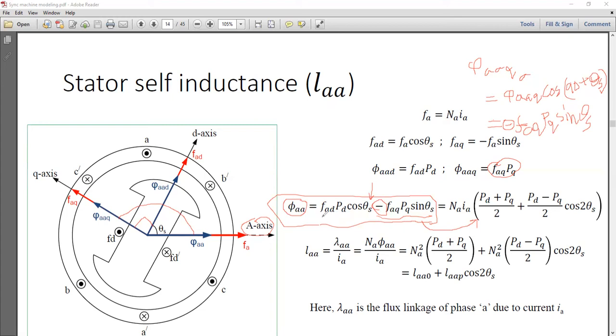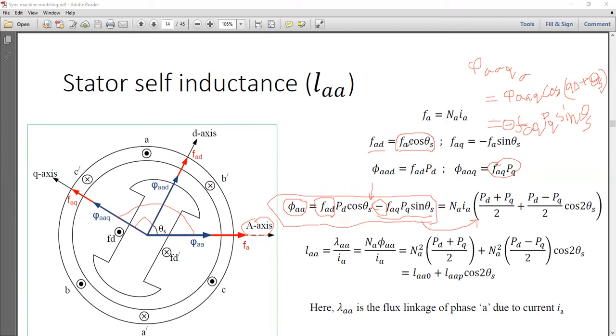What is FAD and what is FA actually? We see FAD is FA cosine theta s. So there is some shortcut actually, because I can't write everything here. It will take too much space, but I can explain. So FAD, you replace FAD by this, FA cosine theta s, right?